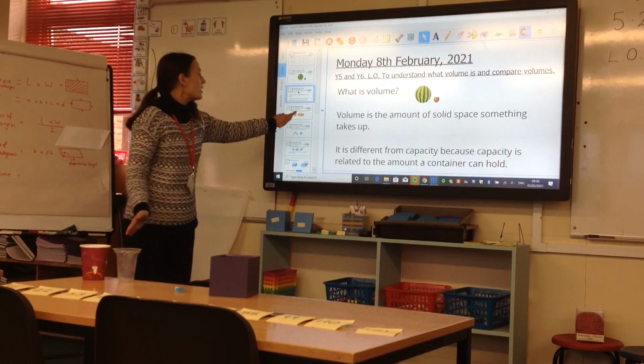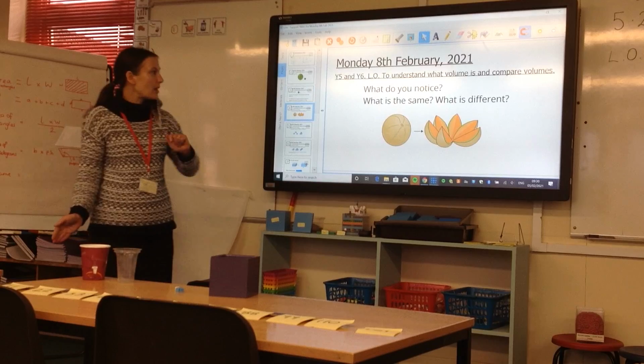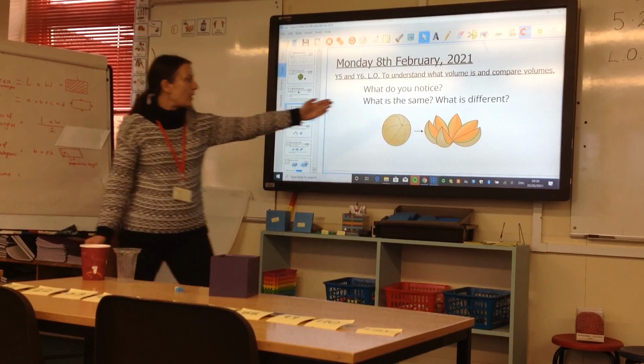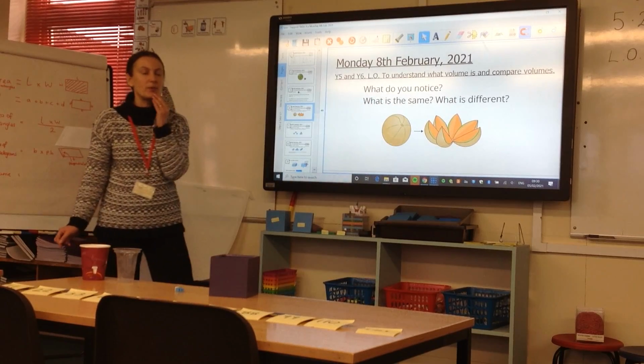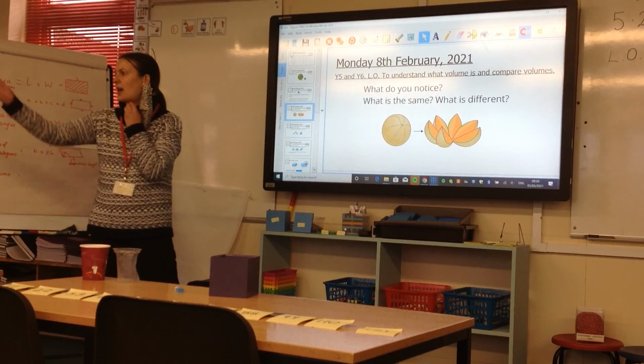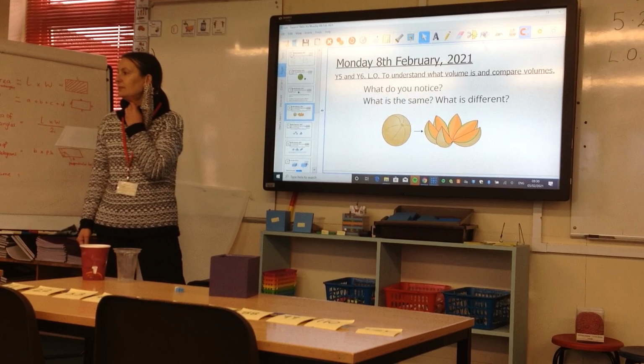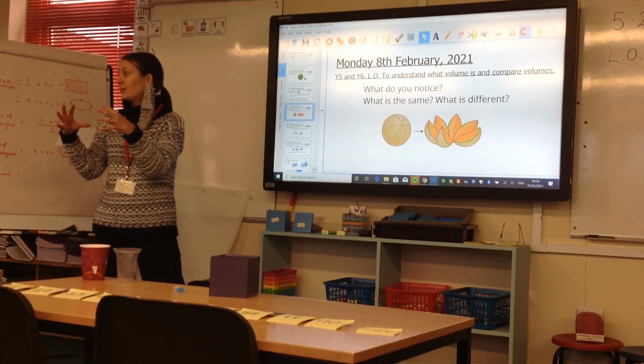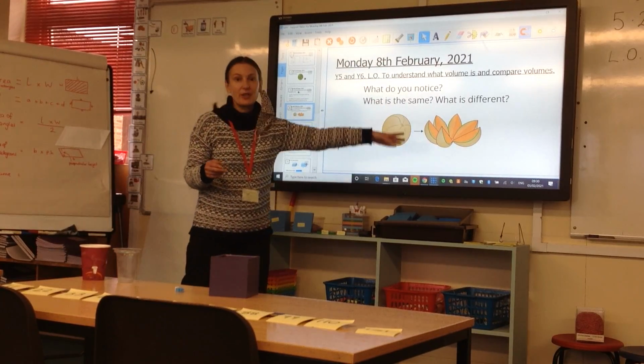Okay, right, I've got a different type of cantaloupe melon here. So what can we say about these two images? Looking at this image compared to this image, what's the same? What's different? Yes? One's cut up and one's whole. One's a solid and one's cut up, yeah.